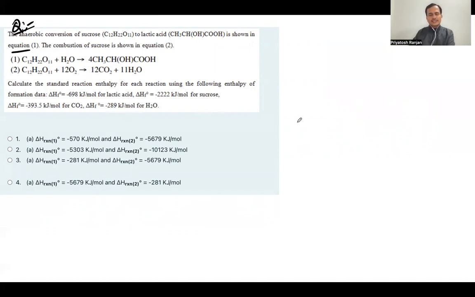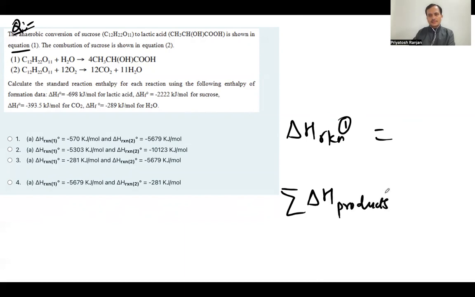If I have to calculate it for reaction 1, I'm writing: calculate the standard reaction enthalpy. It's going to be the summation of the enthalpy of formation for products minus the summation of the enthalpy of formation for the reactants.